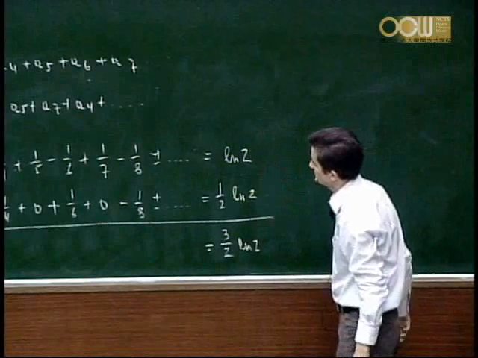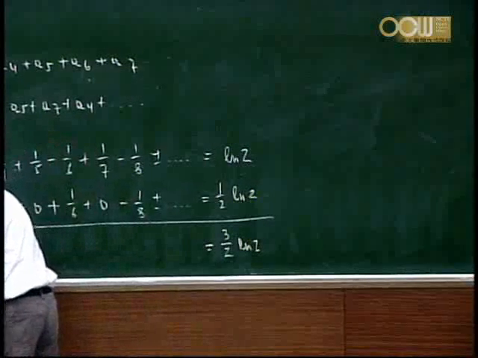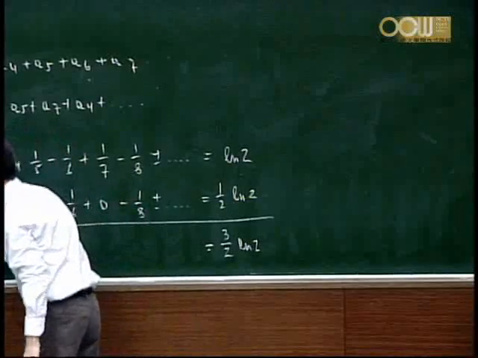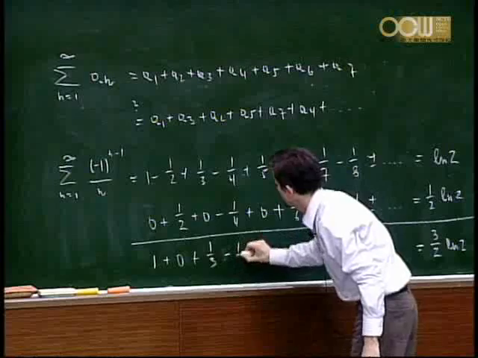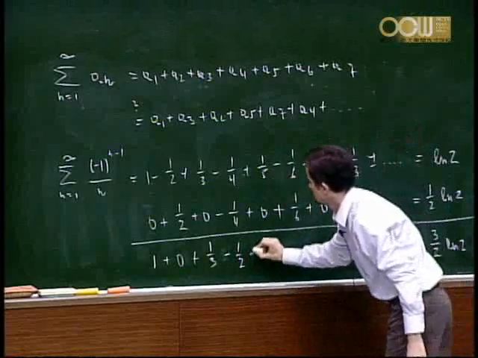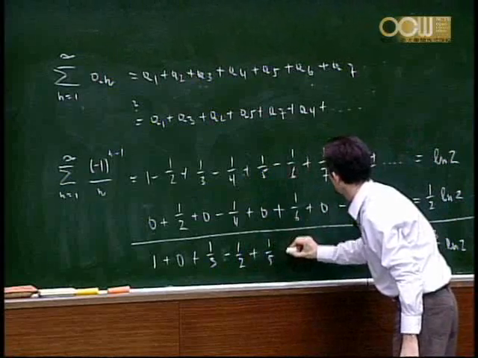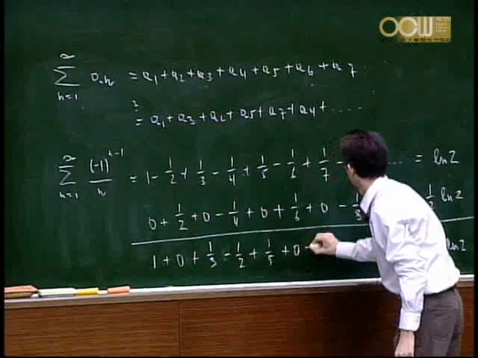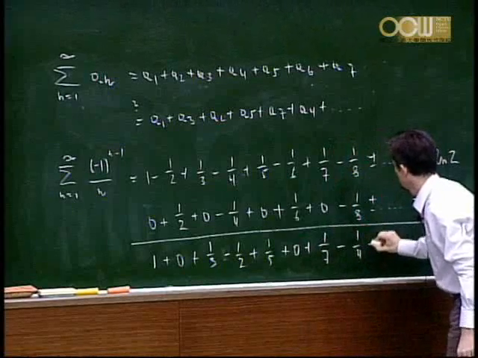And what do I get on the left-hand side? You see I have 1. This one cancels, plus 0, plus this one is 1/3, and this one is minus 1/2, plus 1/5. This one cancels, plus 0, plus 1/7, and this one becomes minus 1/4.